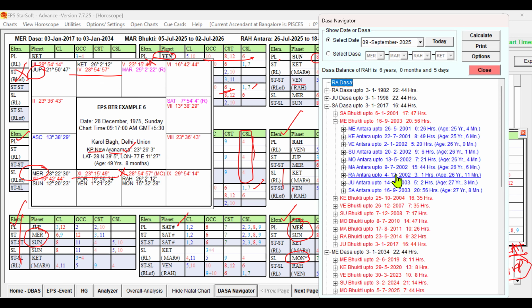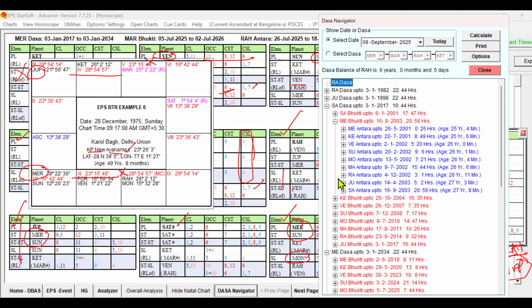Now it is 4/12 itself. So when we reduce the birth time, that Rahu Antra period is increasing. So previously it was, I think, 11th month. Sorry, now it is up to 4/12, but marriage happened on 9th December.